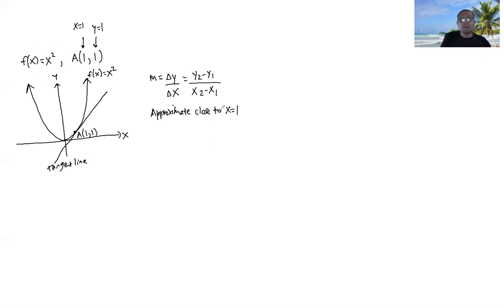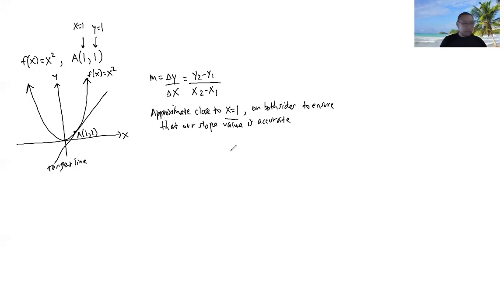So we're going to approximate some value very close to our given value, x is equal to 1, okay? And we're going to do this on both sides, to ensure that our slope approximated value is accurate.